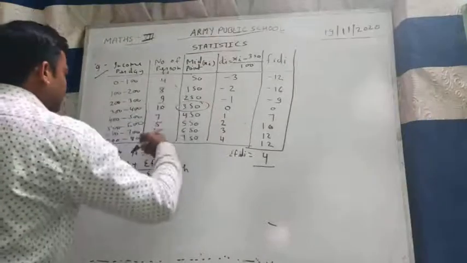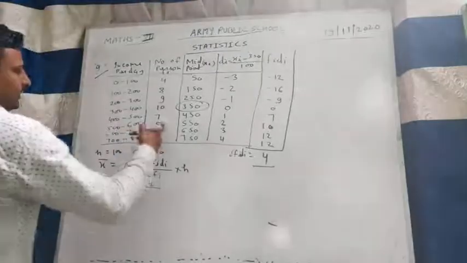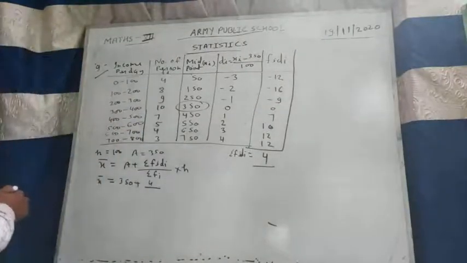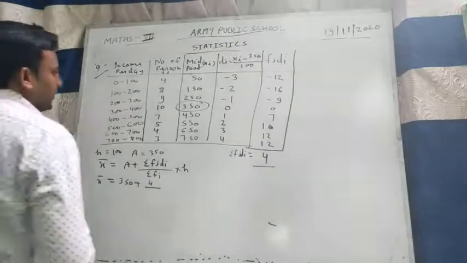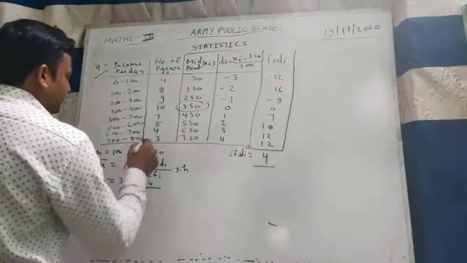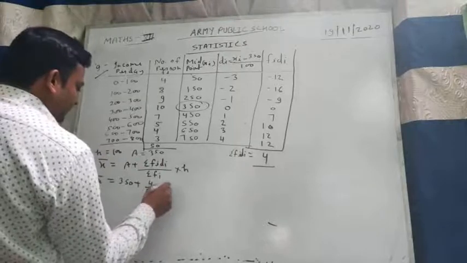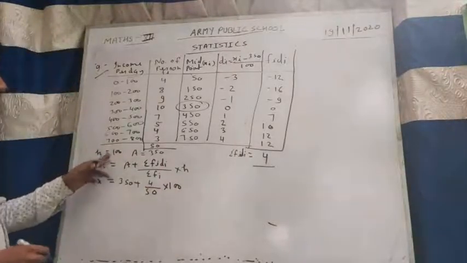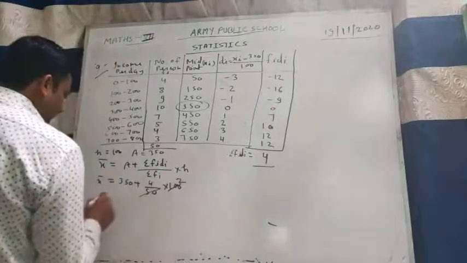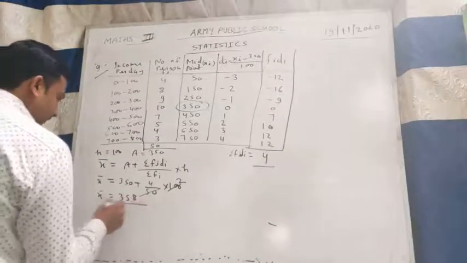And now the sum of the frequencies: 4, 8, 7, 7 and 5, 12, 12 and 7, 19, 19 and 10, 29, 29 and 9, 38, 38 and 12, 50. So this is our 50. We divide this with 50, and our class interval h is 100. It will be cancelled by 2 times. So x bar will be 358.